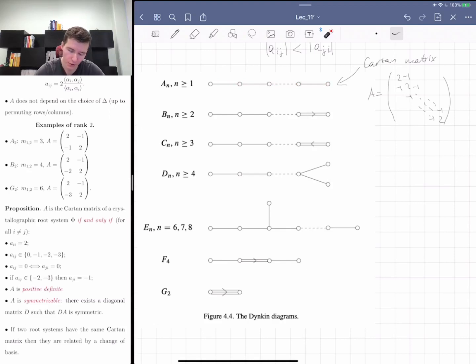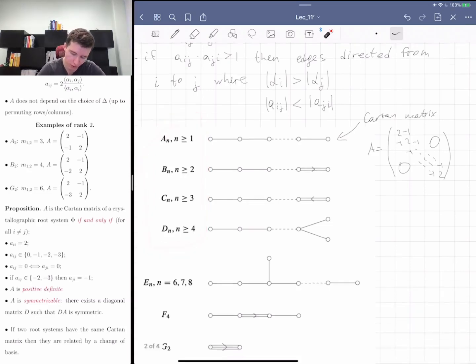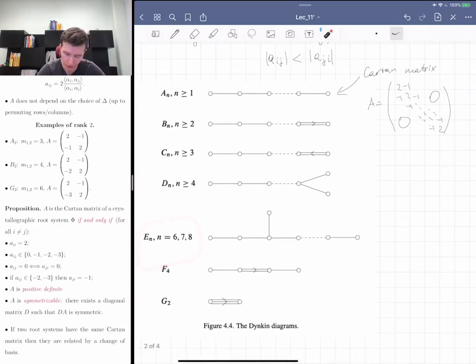And then there is 0 everywhere else. And similarly, you can reconstruct the Cartan matrix from the Dynkin diagram uniquely using these conditions. All right. So again, as I said, I'm gonna define these root systems later. For En and F4, you can check the Wikipedia page. There's a complete description. I always go there to remind myself.